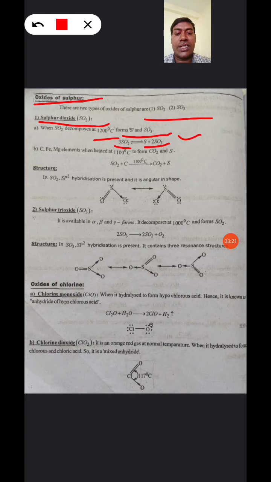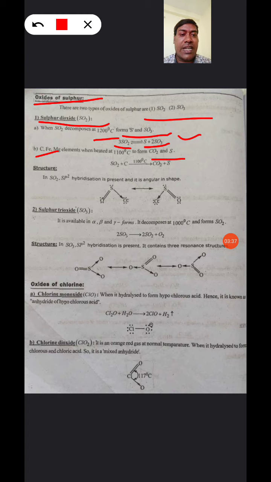And next reaction. Here generally carbon, iron and magnesium elements, when heated with sulfur dioxide at 1100 degrees centigrade, form carbon dioxide and sulfur.